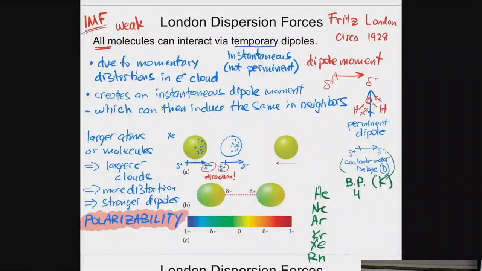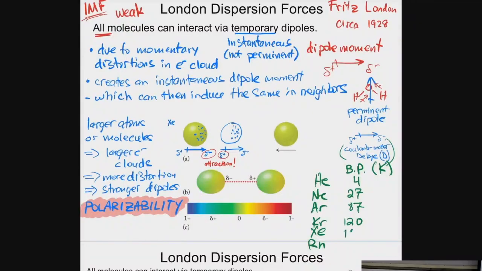So you got to get it pretty darn cold to get helium to go liquid. But if you look at this trend, neon has a boiling point of 27 Kelvin, argon 87 Kelvin, krypton 120 Kelvin, xenon 165 Kelvin, and radon is 211 Kelvin.